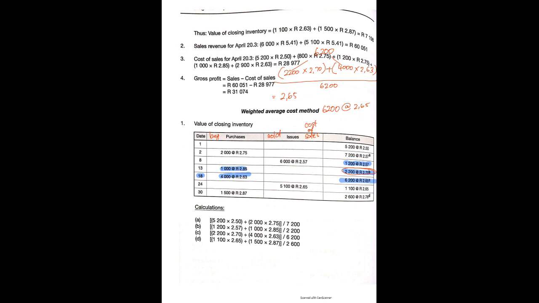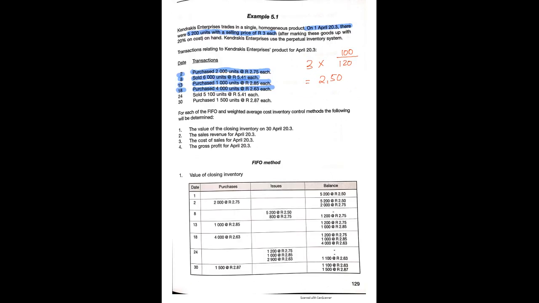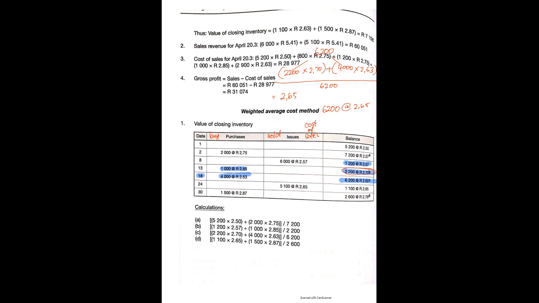Then on the next transaction, we sold. So when we sell, we don't need to work out a new weighted price. It's only when we purchase that we work out a new weighted price. So that sold 5,100 at 5 Rand 41. So you'll go to the issues column because this is where we record anything that's sold. So on the 24th, we sold 5,100 units at that previously calculated weighted price of 2.65, which came from here.